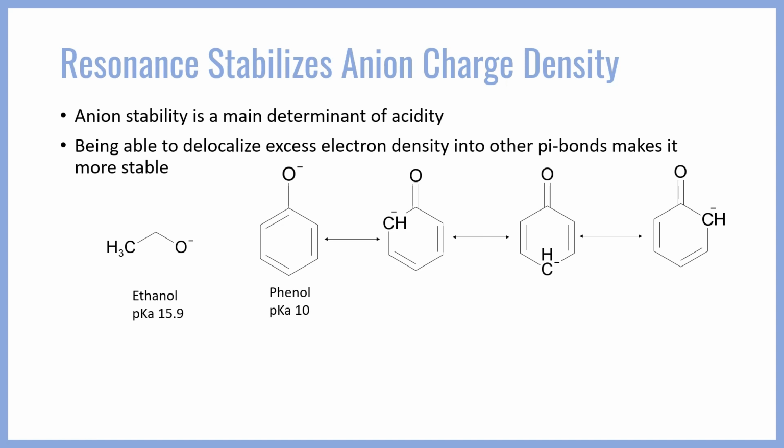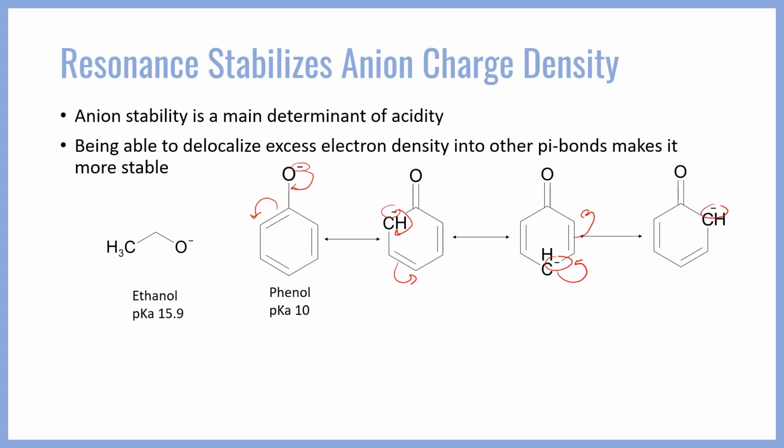This is because the anion is adjacent to a pi system. And so this negative charge here can push to form a double bond on the oxygen, and then this double bond can kick up to this carbon, and now the negative charge is on that carbon. It can also push in this direction to give us the negative charge here, or push like this to give the negative charge here.